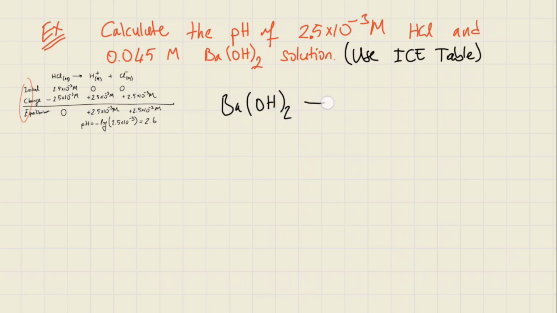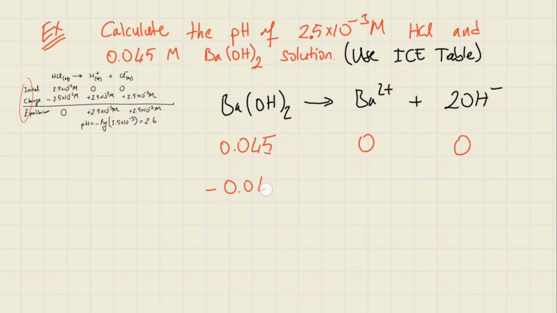I will make the ICE table for this molecule. We have to write the reaction correctly. And concentration of this base is 0.045. We don't have barium 2+ at the initial and OH. It completely ionizes, right? So we create barium 2+ and 2 times hydroxyl.